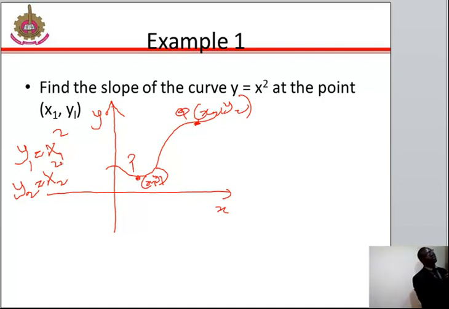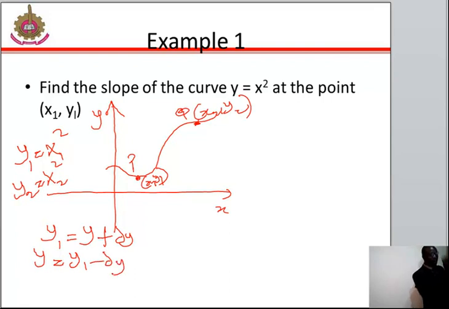Now, your y2 will be equal to y1 plus delta y.